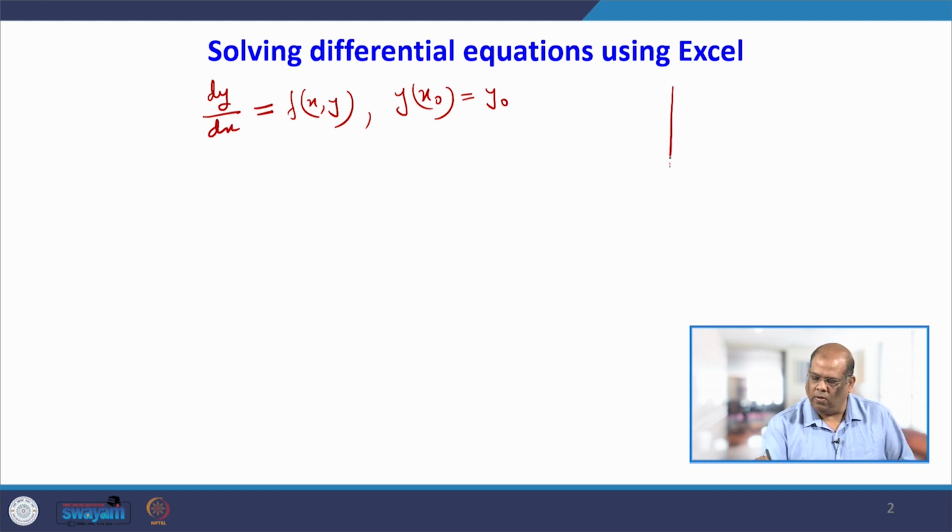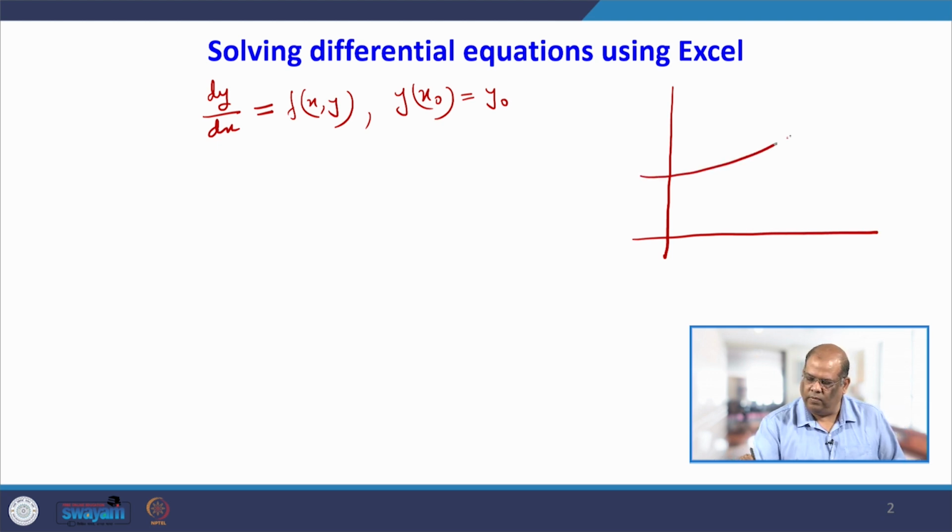let me draw and explain. Say you have a curve like this. This is your initial condition, some x0, y0. So, when I say solve this differential equation, you have an initial point x0, y0.